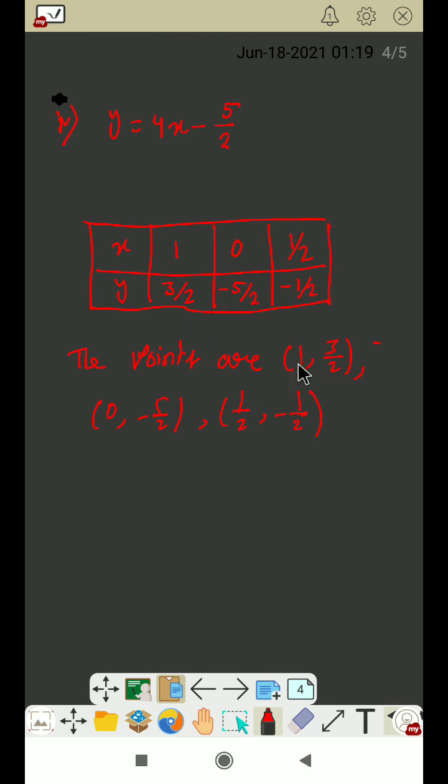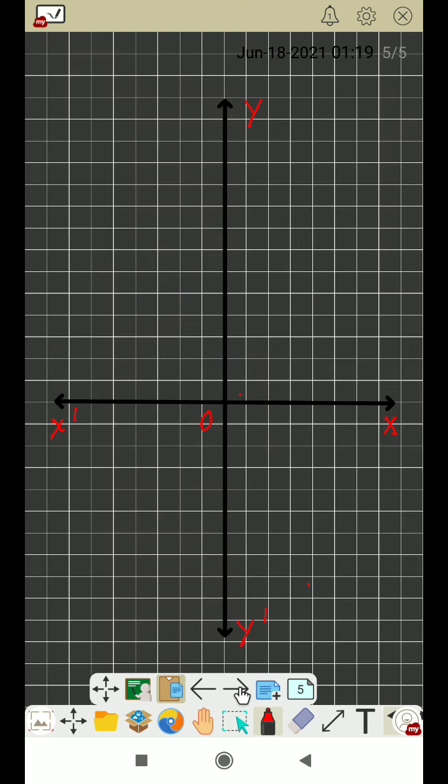Here are given 1 comma 3 by 2, 0 comma minus 5 by 2, half comma minus half. So all our numbers given here are fractional numbers. So how will we plot fractional numbers in the graph? Look at here. We will take 1 SD equal to half unit. Here I am repeating again. You have to take 1 SD, that means one small division, equal to half unit.